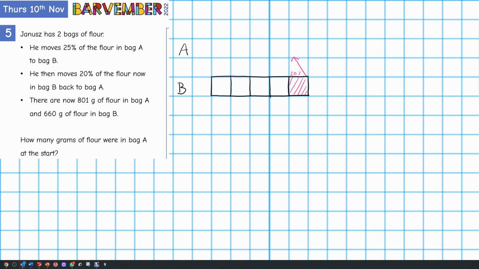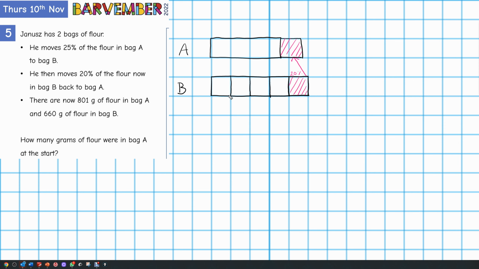And I suppose I could draw it here somewhere. I'm going to make it look the same. So that's that 20%, and here's the rest of the bar for A. Okay, we'll come back to that in a moment.